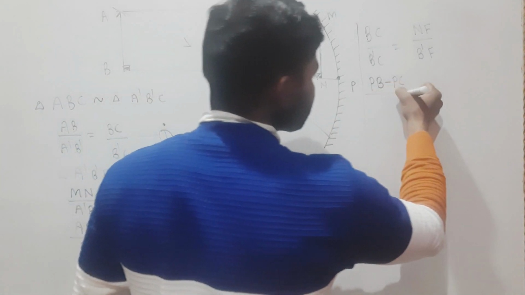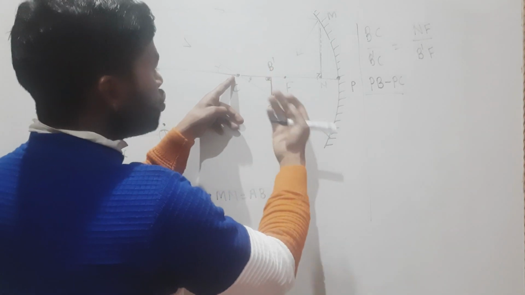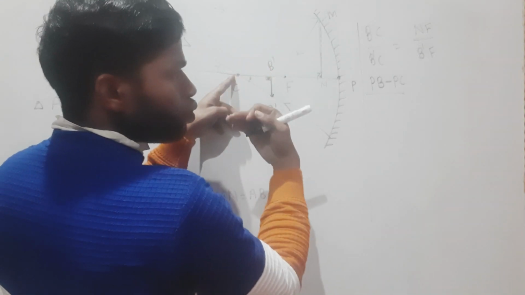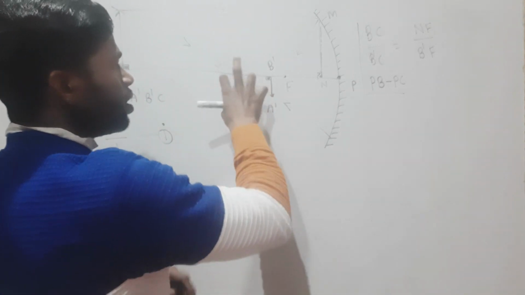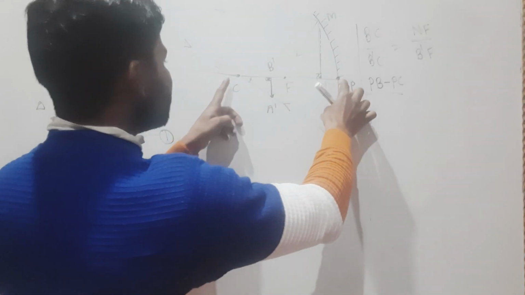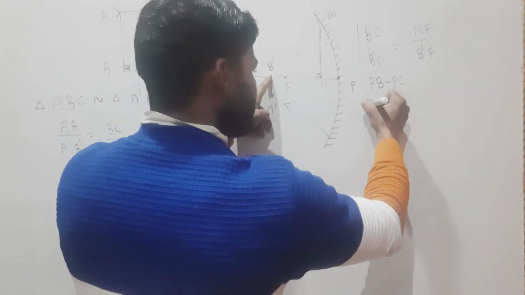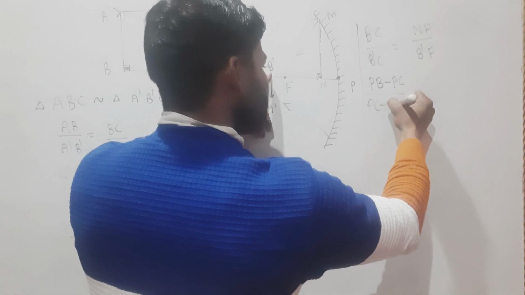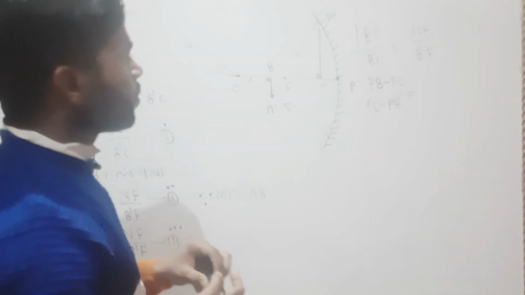Here B dash C: again there is no value of B dash C, so we have to write it in the form of U, V and F. So we can write it as PC minus PB dash, and PC minus PB dash is equal to NF.